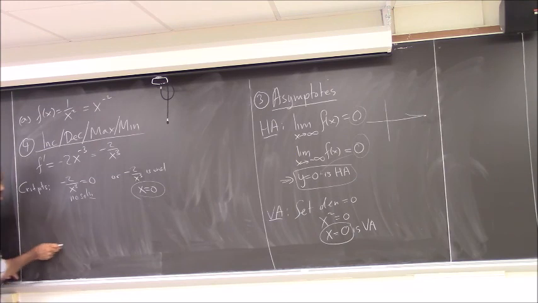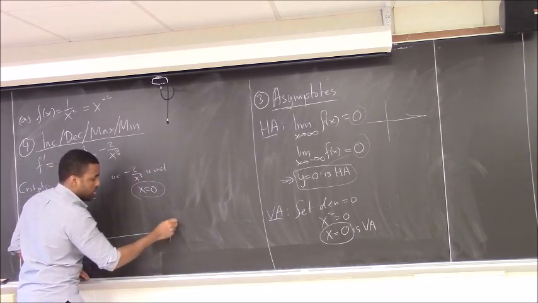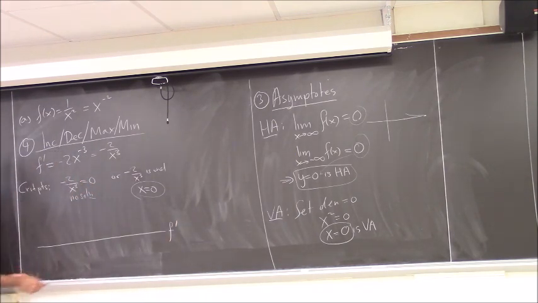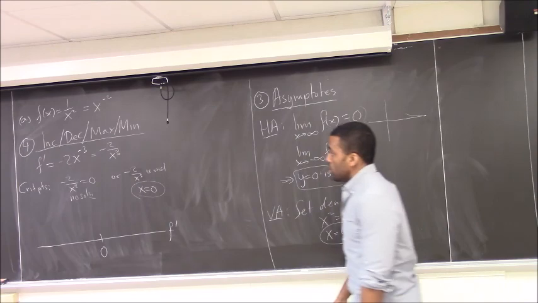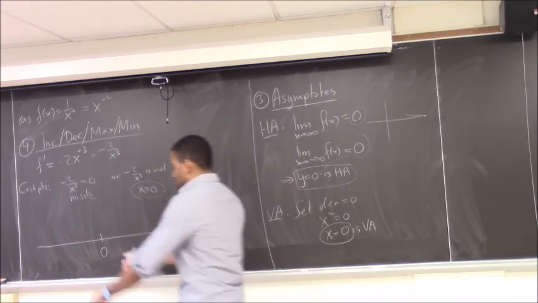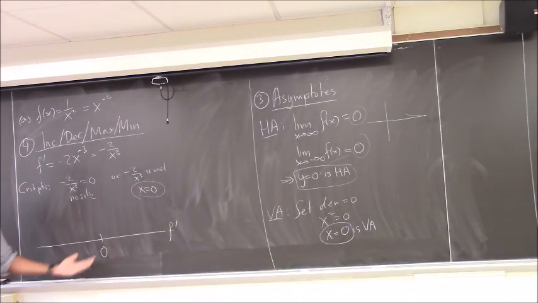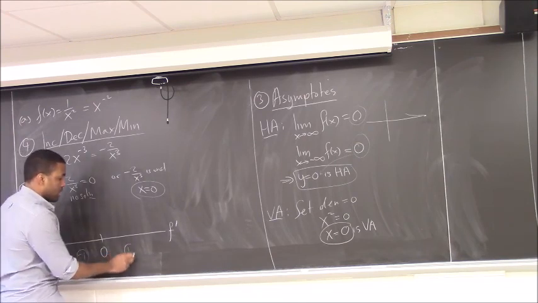I'm going to now test it on the number line in f single prime, and plot 0. Now you can pick any random point on the left and the right of 0. So let me pick -1, pick something easy since I can pick anything, +1.